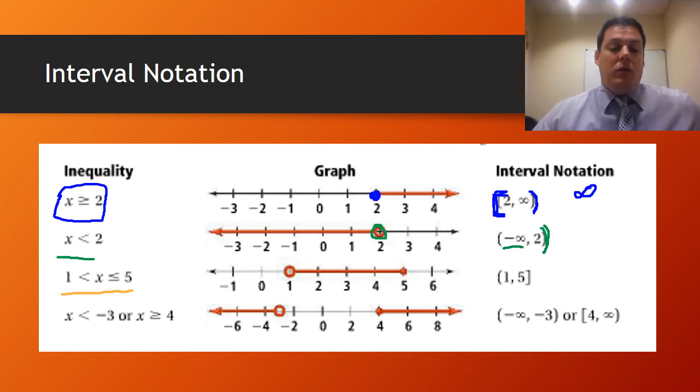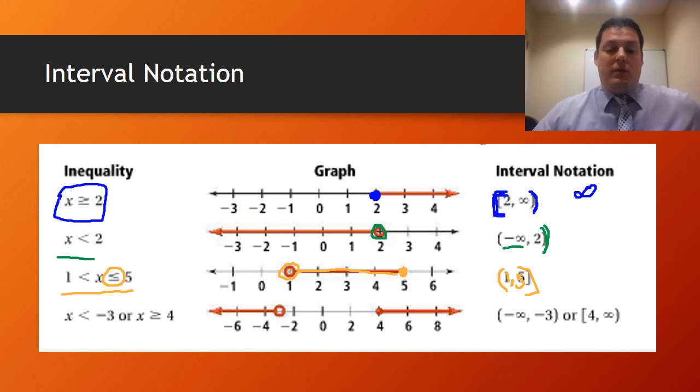X is between 1 and 5, but it's less than or equal to 5. So we have an open dot at 1, we have a closed dot at 5, and we want everything in between. So open dot, we're going to use parentheses, 1 to 5. 5 is a closed dot, we're going to use a bracket.